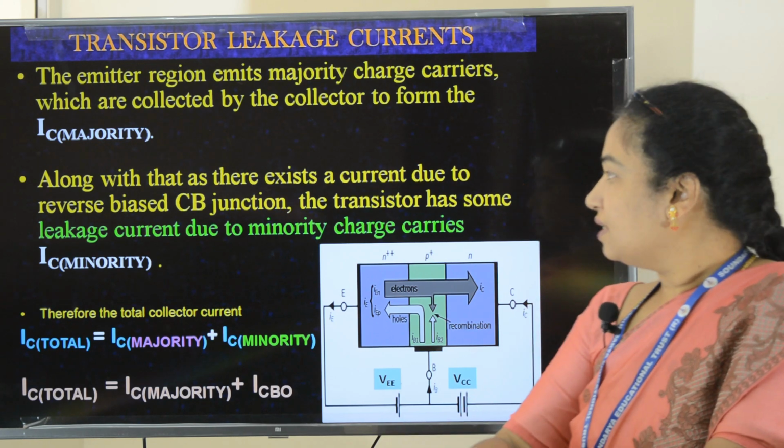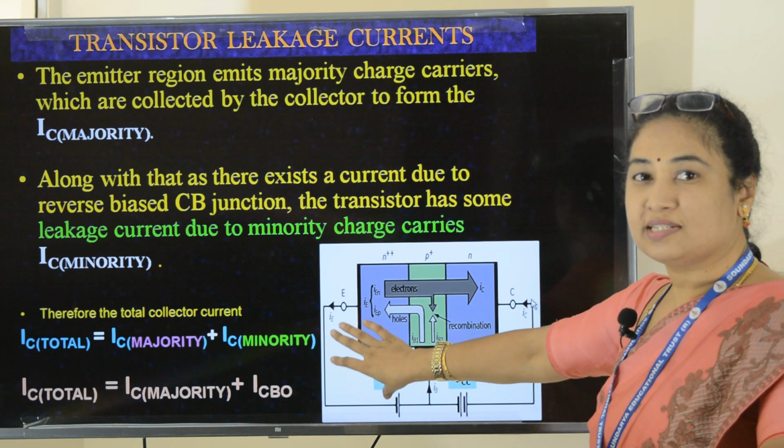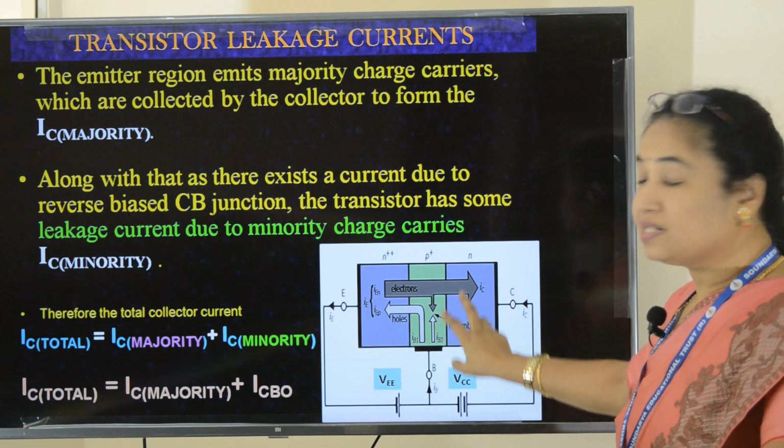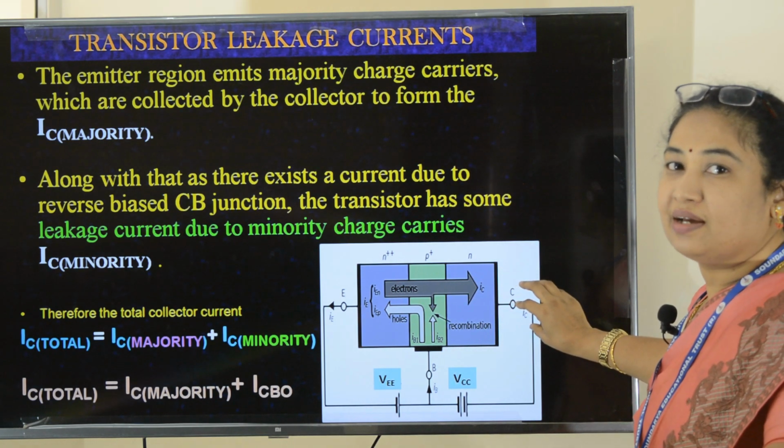The total collector current at the output, because of the majority charge carriers from the input side and the minority charge carriers developed because of the reverse bias here, is a total flow of current into the collector section.